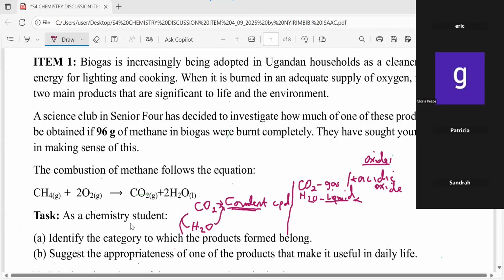Thank you, sir. Good afternoon. I think water is a neutral oxide. Why? Because it reacts with both basic and acidic oxides.